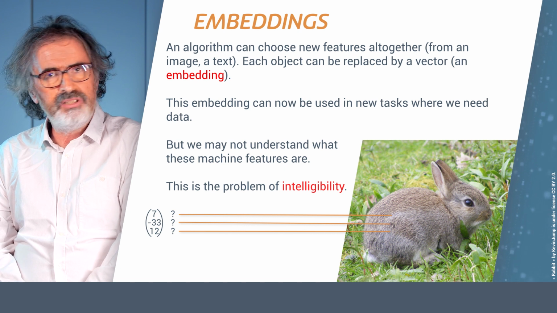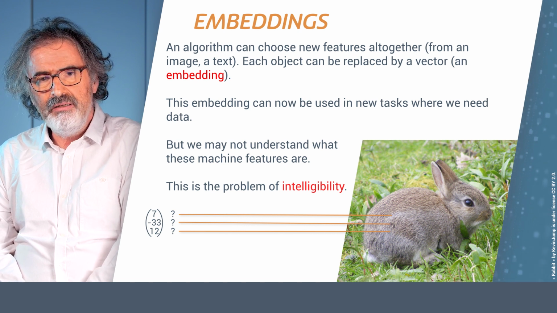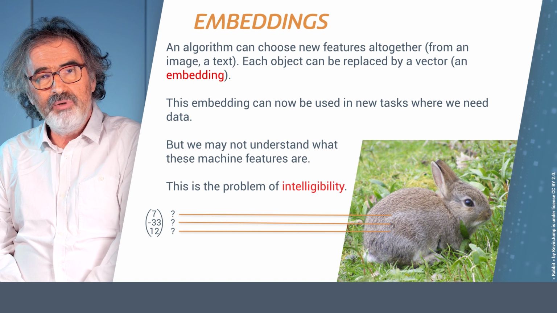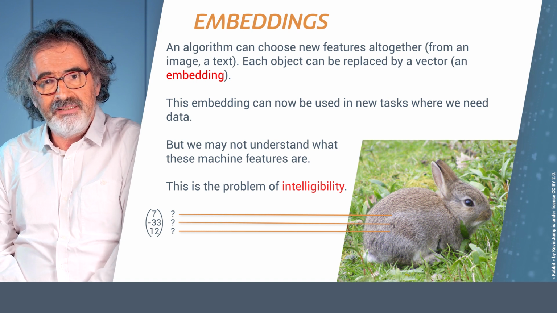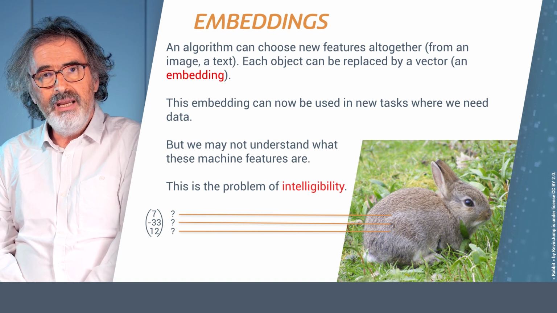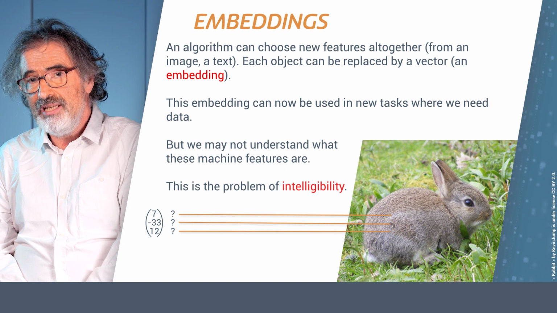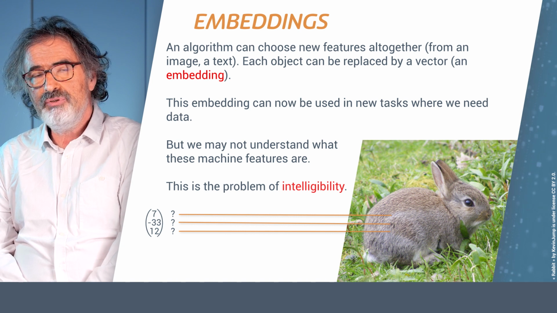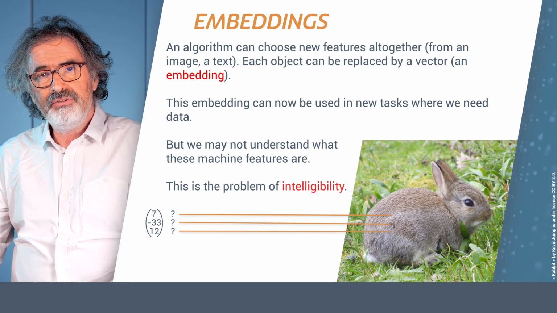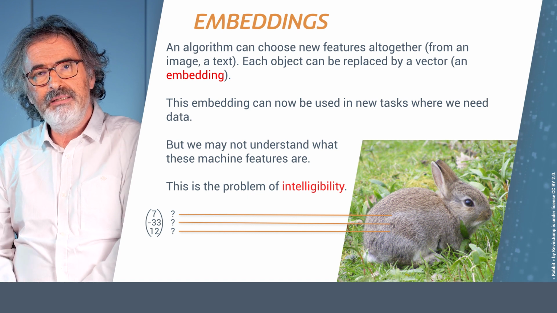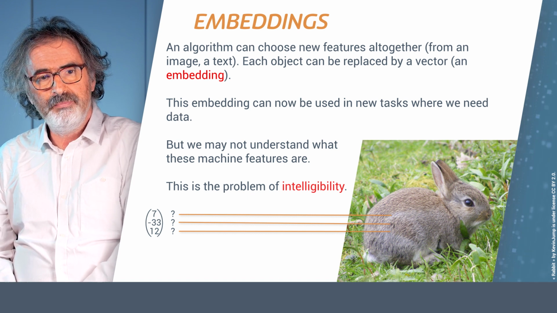The algorithm will just take some raw data. In the case of the rabbit, it will just take the set of pixels, so the image itself, and upon this image, it will build the features that it will need, in the machine's language, to be able to perform the task of machine learning that it wants to do.